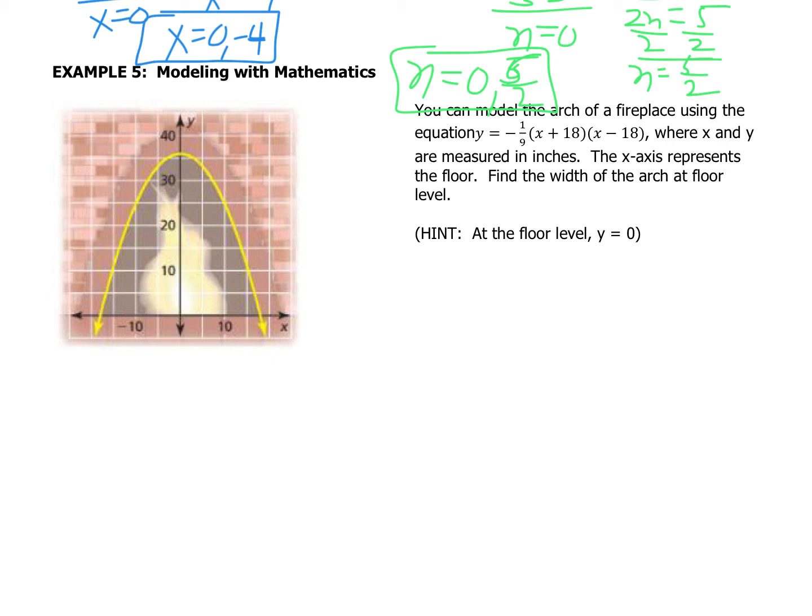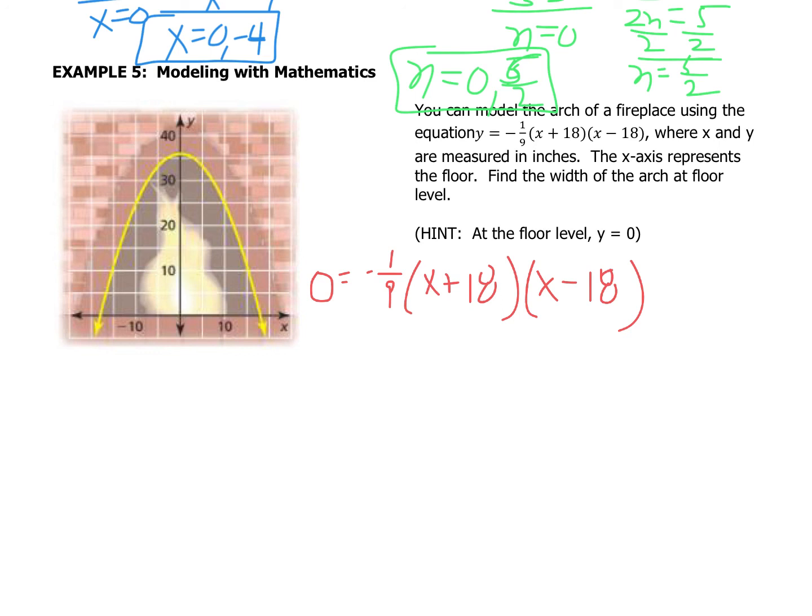So with that in mind, I can replace the y in my equation, and instead of being y, it is now 0. I could also find the width at different heights if I said I want to know it at 10 feet, and I want to know it at 20 feet, and then I would plug the y in, and I can find that width. But at floor level, it says 0.